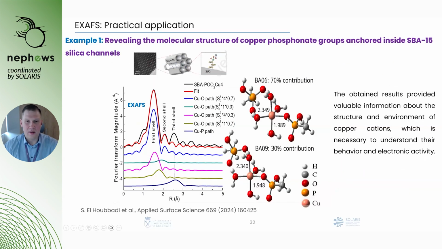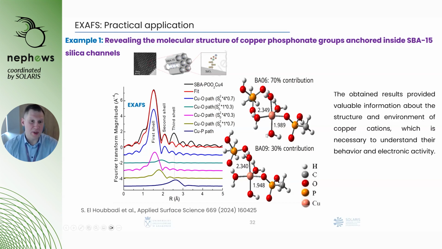Then, using these models, we could investigate precisely by fitting of the EXAFS data what are the distances between the copper atom and oxygen atoms in the first and second coordination shell in our molecules, and also understand what is the distance between copper and phosphorus atoms we have in our molecules.